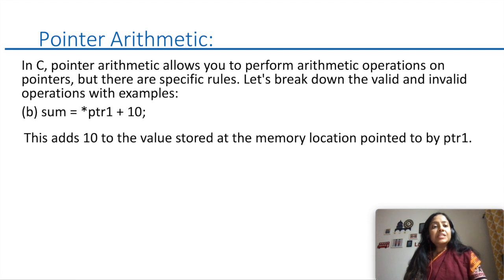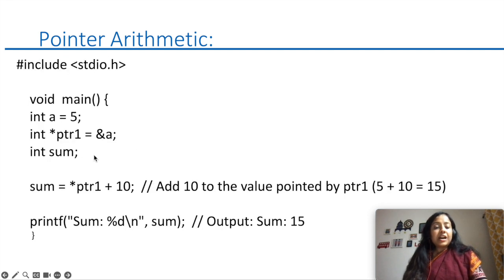Let us go to the second example of pointer arithmetic. Here we are adding 10 to *PTR1. Again, let us see an example. So A equal to 5 is the variable here, and the address of A is stored in PTR1.